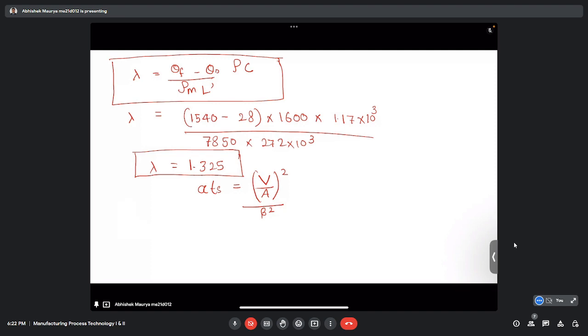And in the course we have been taught two types of geometries, for spherical and for thin slabs. And the formula for thin slabs which has been derived is beta equals 2 times lambda divided by root over pi for thin slabs.